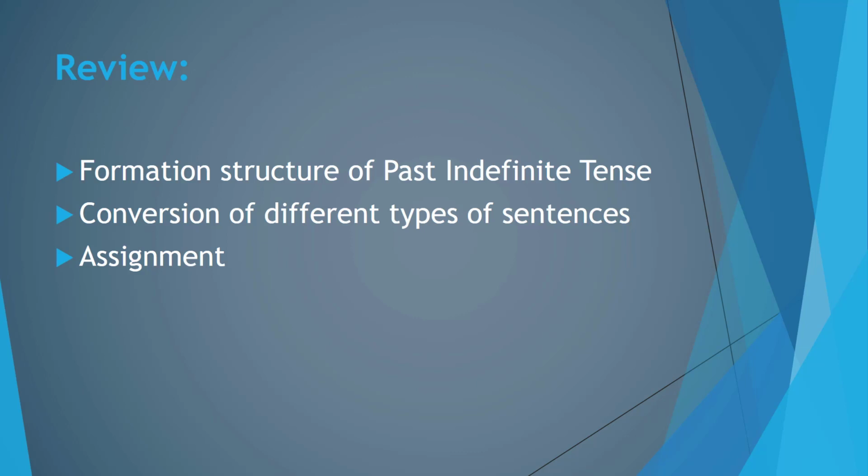Secondly, we learned that we should always use third form of verb in passive voice. Then we learn how to convert different types of sentences, either they are affirmative, negative, interrogative, double interrogative, or who sentences into passive voice. And lastly, I shared an exercise to check your understanding.